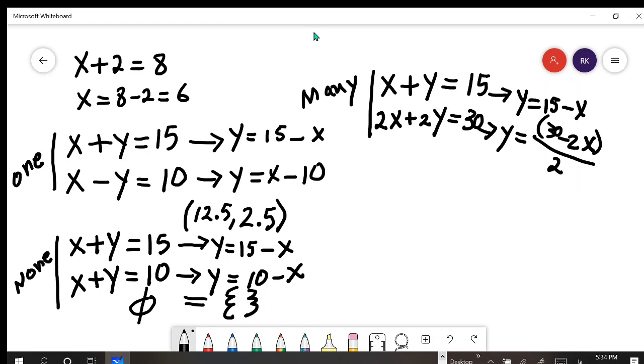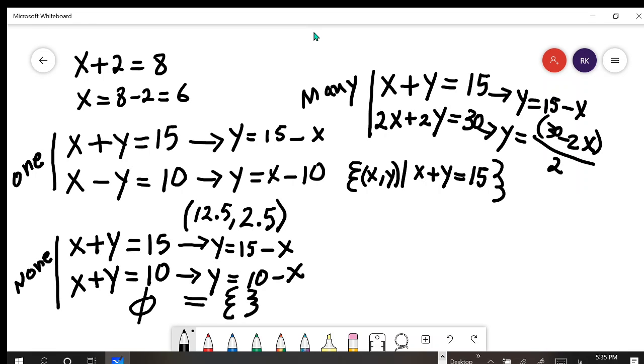Now, the way we write the solutions here, we write a set. We say the solutions are all ordered pairs such that x plus y has to be 15, and that's it. You could put 2x plus 2y equals 30 here.